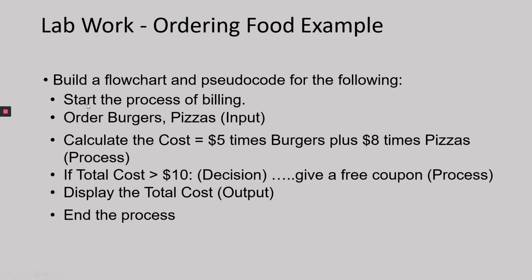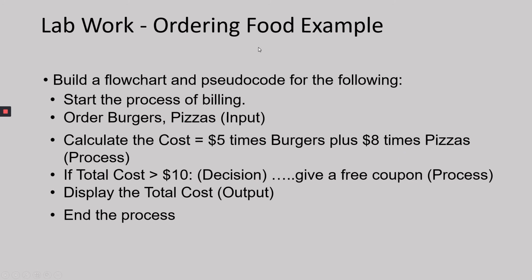Starting with ordering burgers and pizza, they are inputs, and calculate the cost. Use the unit price 5 times how many burgers plus the unit price 8 times the pizzas. And if the total cost is greater than 10, give a free coupon. Other than that, we do nothing.